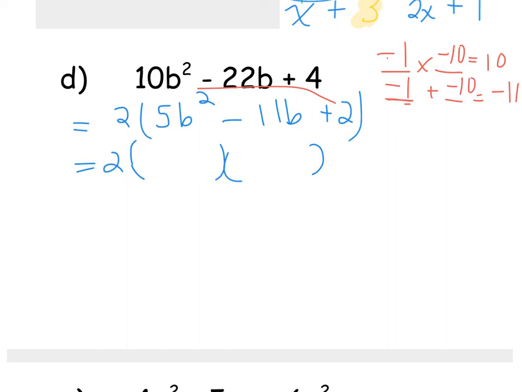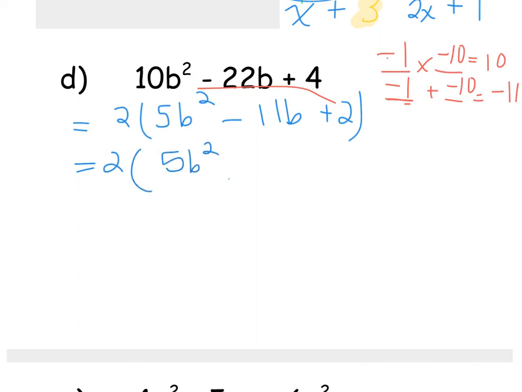So I'm going to decompose my middle term before I do anything else. I know eventually I'm going to need those brackets, but not yet. So I'm going to write my 2, bracket 5b squared.